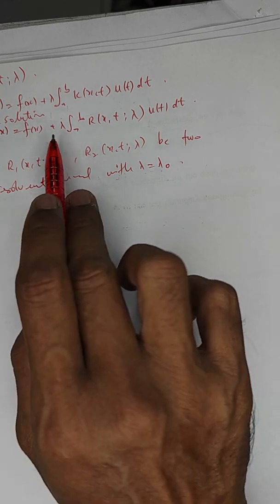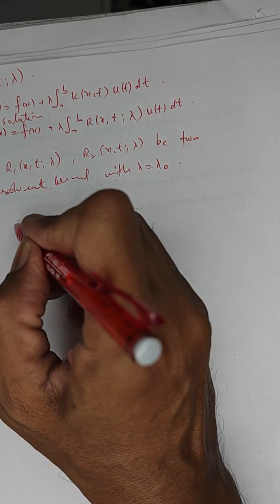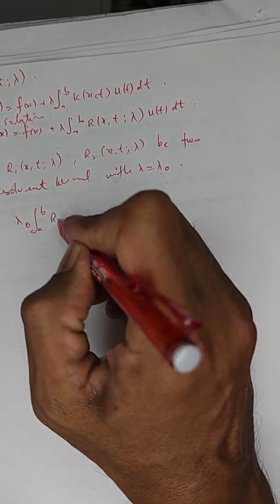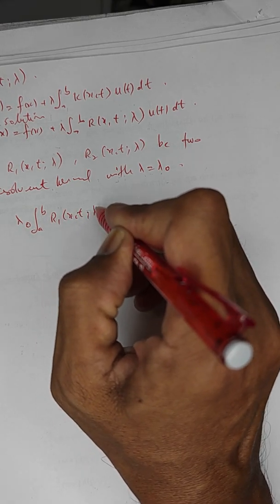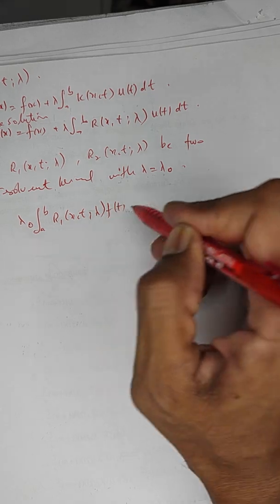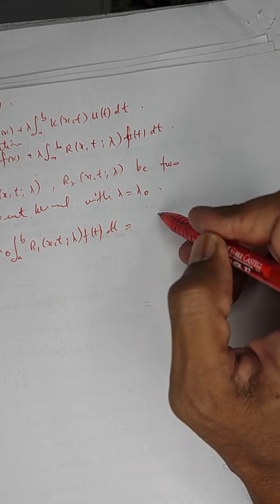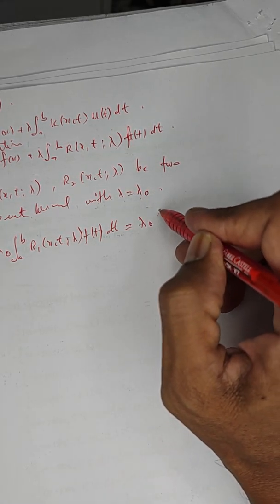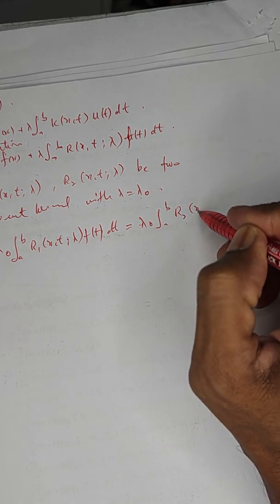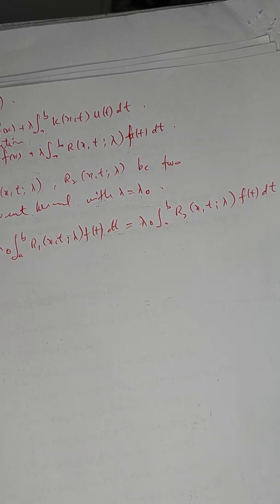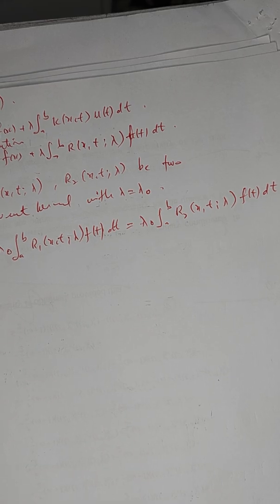So f on the left hand side and right hand side cancel out. What we have now is lambda naught integral a to b R1 x t lambda, f t dt, equal to lambda naught integral a to b R2 x t lambda, f t dt.